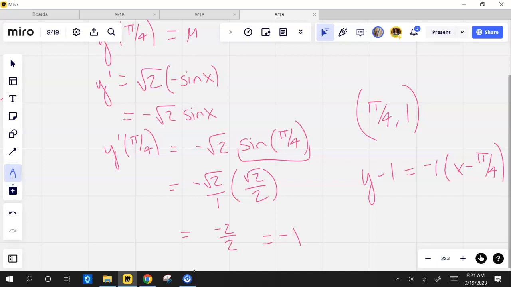Robert, what's the sine of pi over 3? At pi over 3, square root of 3 over 2. Whoa, that's not even one of the values that's on there.